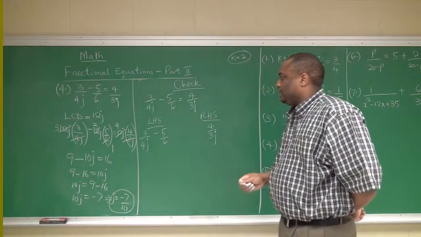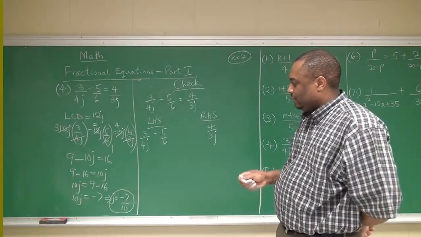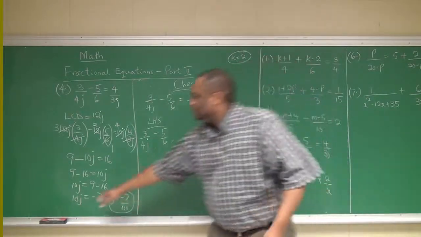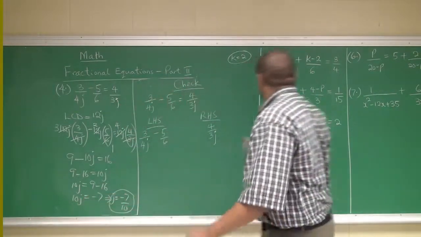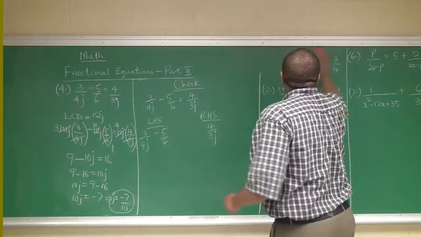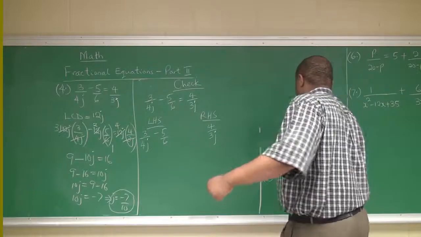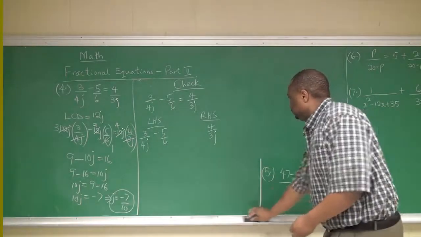Okay, we've got to work this out now. Our j is negative 7 over 10. So let's start, you know what, let's erase this space to have some space so we can work out some problems here.